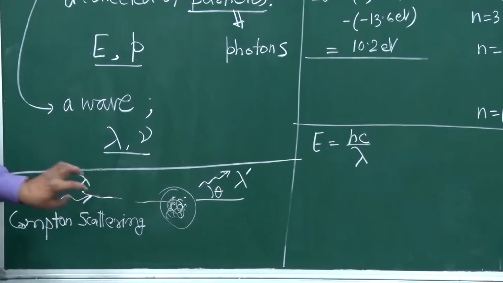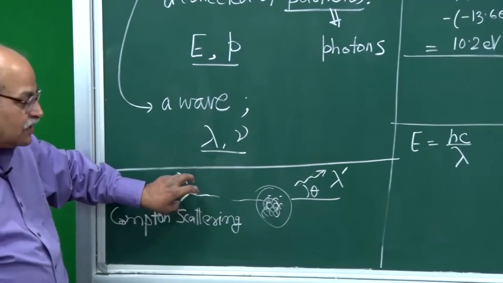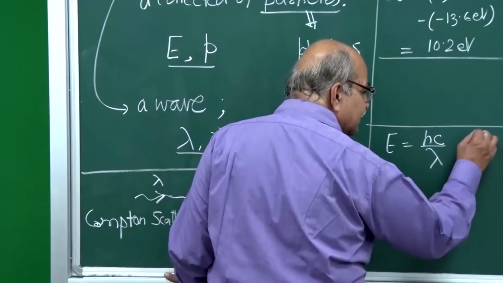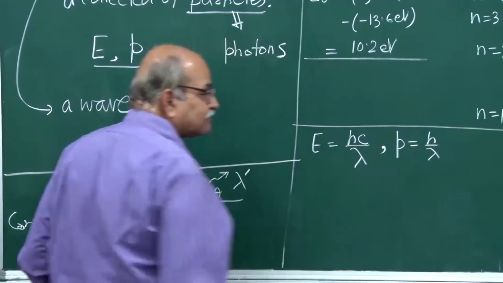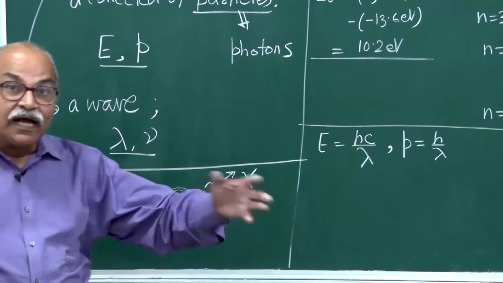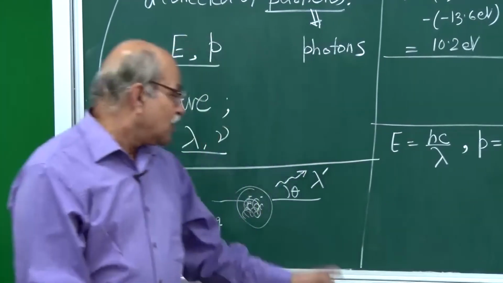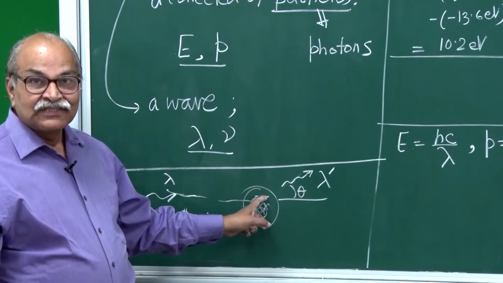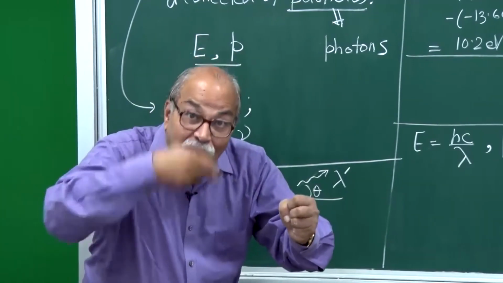So, if you treat this radiation as a collection of particles, each particle having this energy and each particle having a linear momentum p, which is h divided by lambda, and apply your equations of collision of two particles. Here this X-ray collides with an electron.